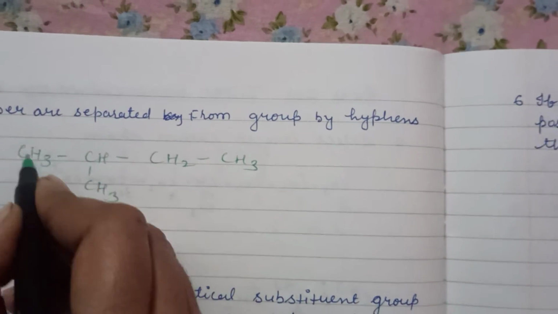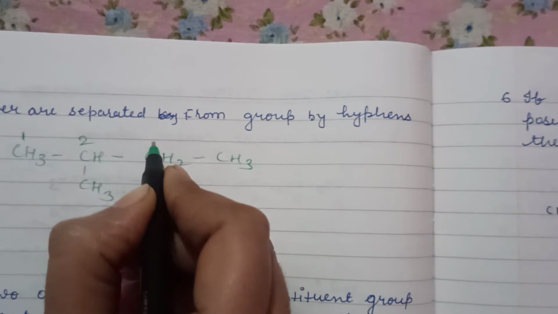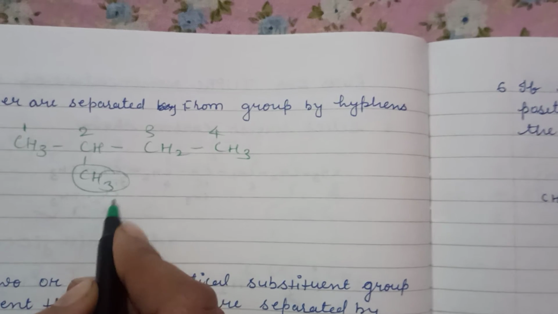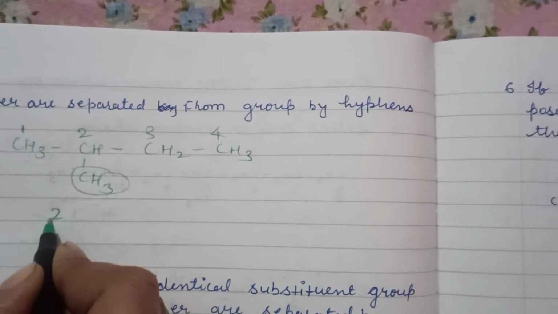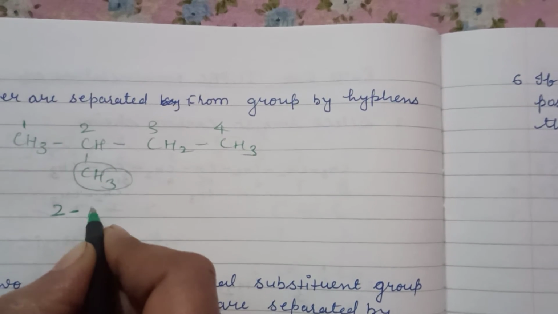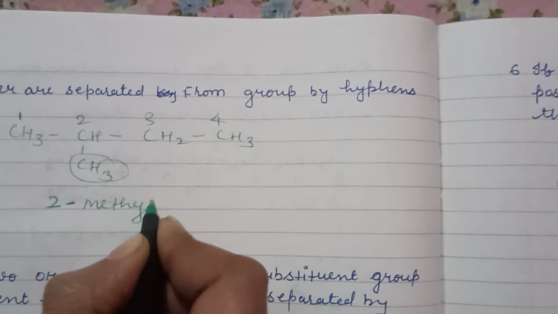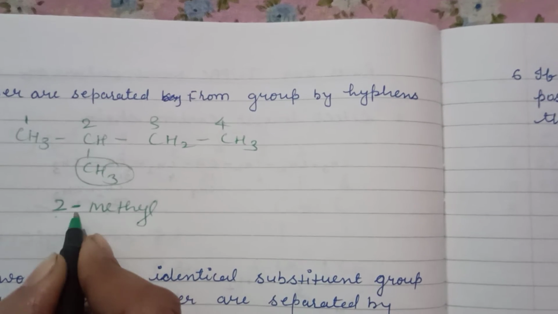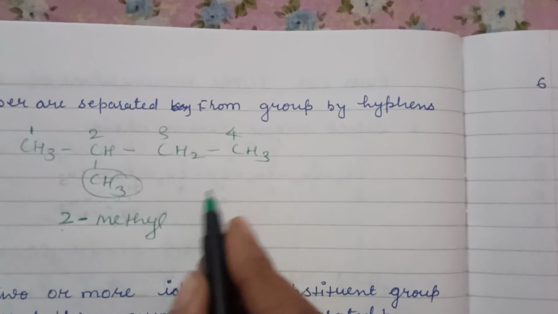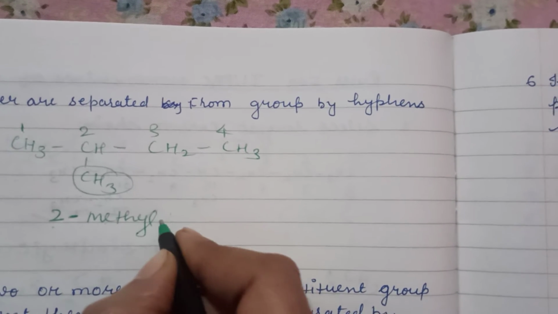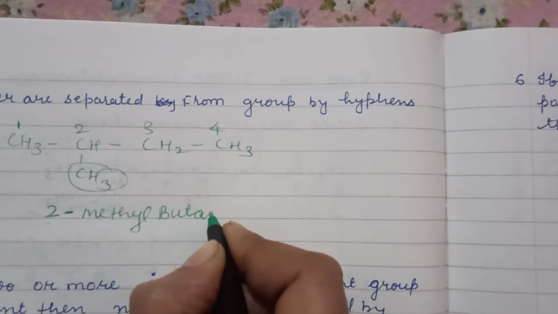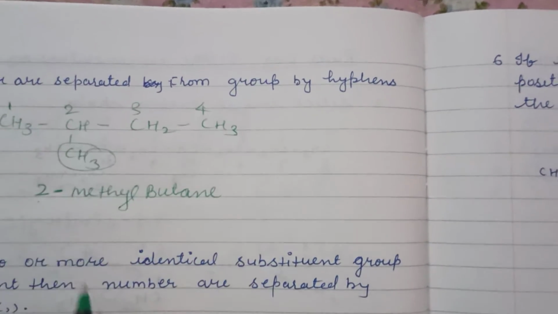I have to start numbering from this side 1, 2, 3, 4. This is methyl group, so I will write 2, and this is methyl group. 2 methyl. So this number is separated by hyphen. How many carbons chain? 4 carbon. For 4 we use but. Okay, ane, because everywhere is single bond.